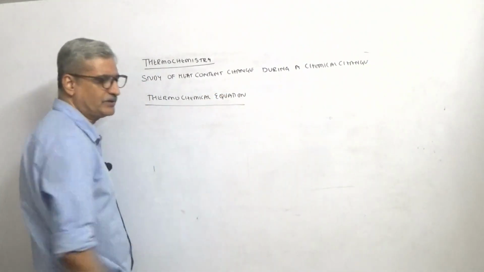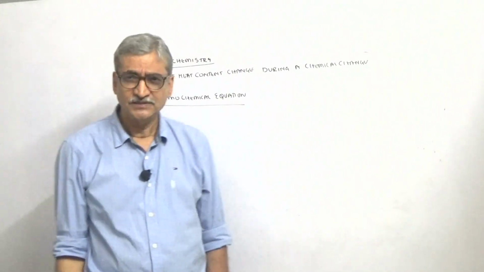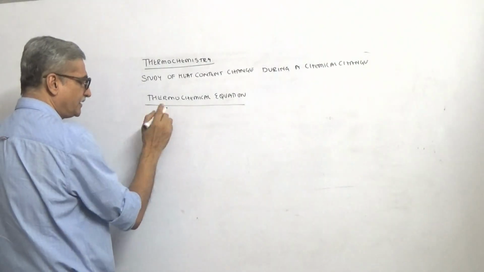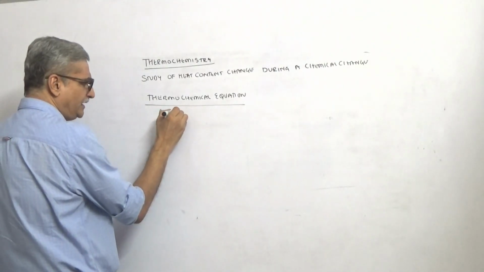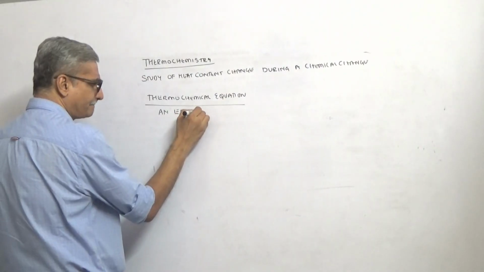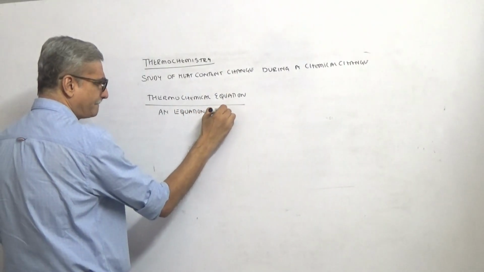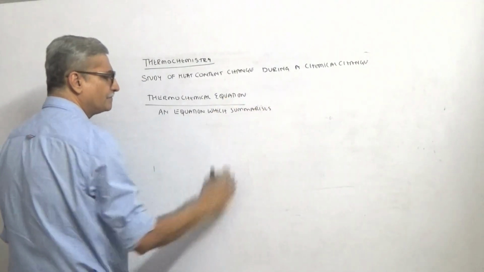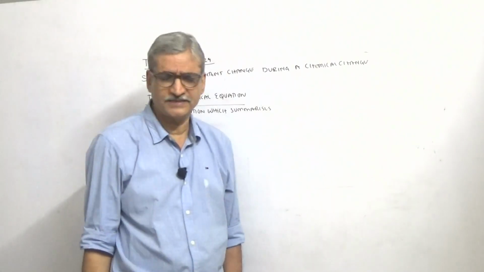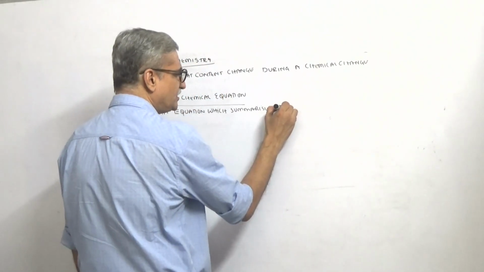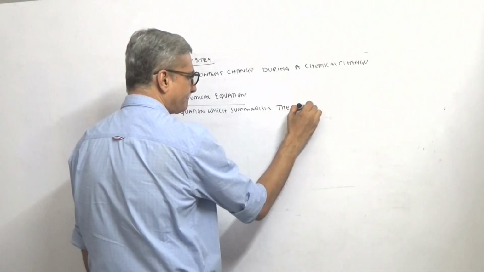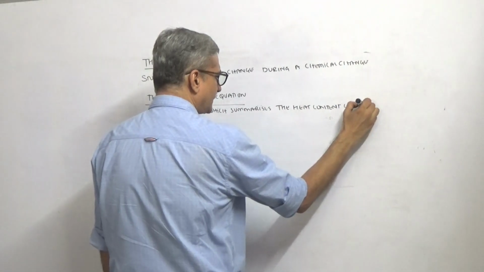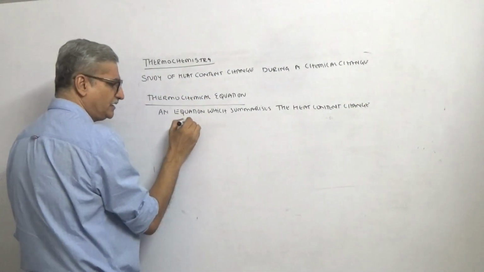So what is a thermochemical equation? An equation which summarizes the enthalpy change or the heat change or the heat content change is a thermochemical equation.